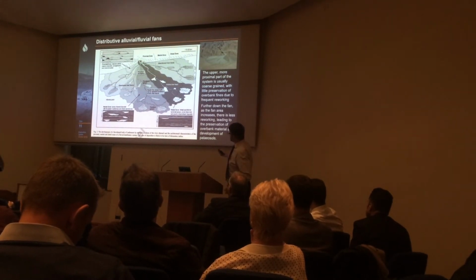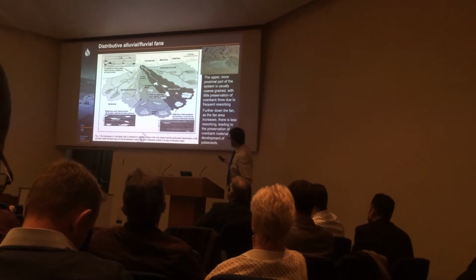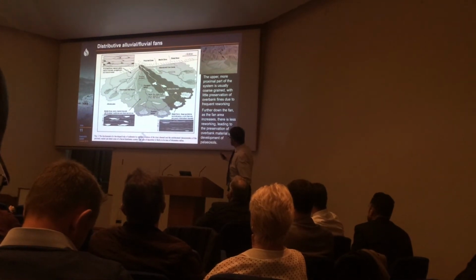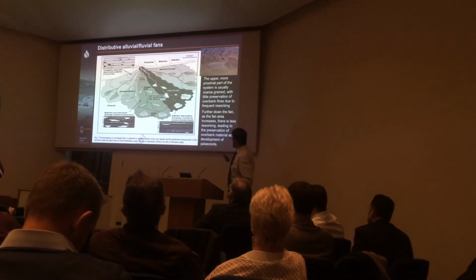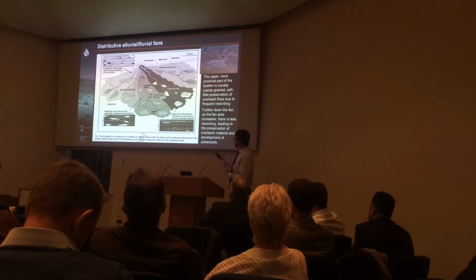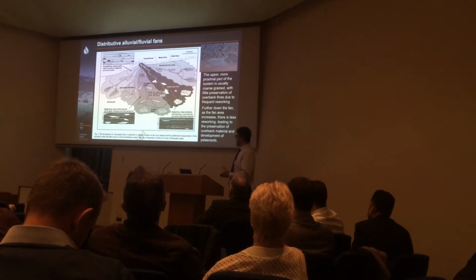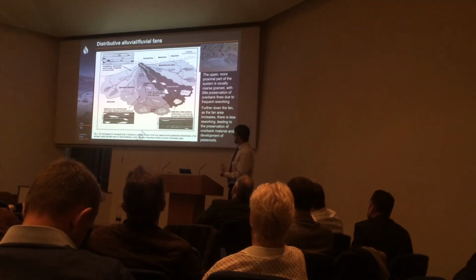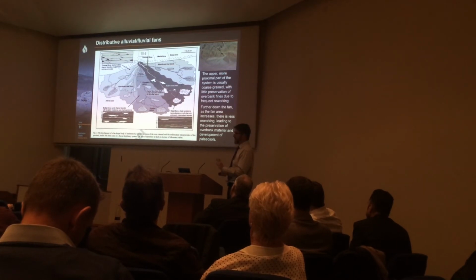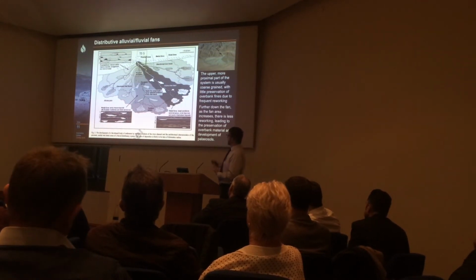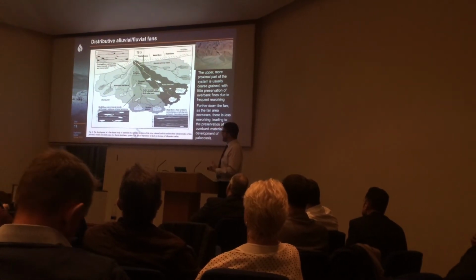The river which comes out of the mountains is here, and you can see this distributive framework coming out from a point source. What we think we have in Tendrara is that someone else drilled T5, and they drilled it in a nice active river bed.